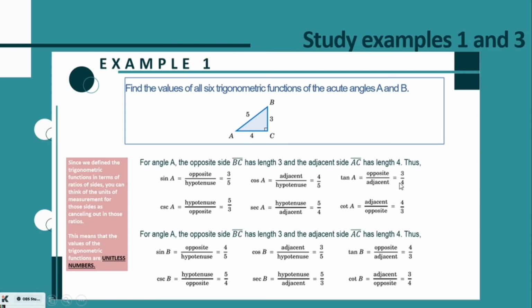Also, tangent of A is equal to 3/4, which is also equal to tangent of B. Cotangent A is equal to tangent of B. Secant of A is equal to cosecant of B, and cosecant of A is equal to secant of B.